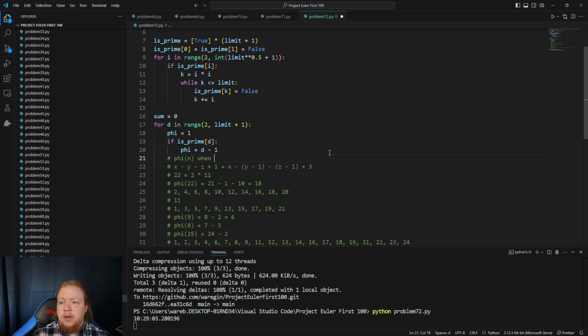So phi of n, when n equals prime x times prime y, is n minus 1 minus x minus 1 minus y minus 1.